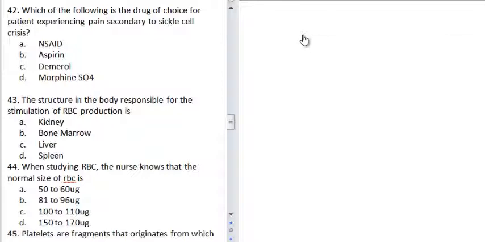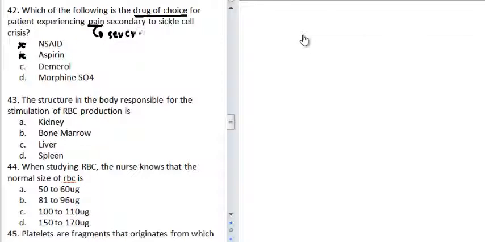Okay, number 42. Which of the following is the drug of choice for a patient experiencing pain secondary to sickle cell crisis? We do not use NSAIDs and aspirin for sickle cell crisis pain because this is a severe pain.